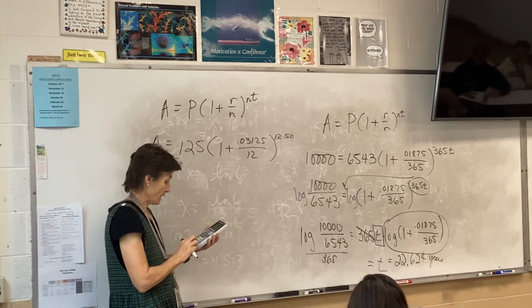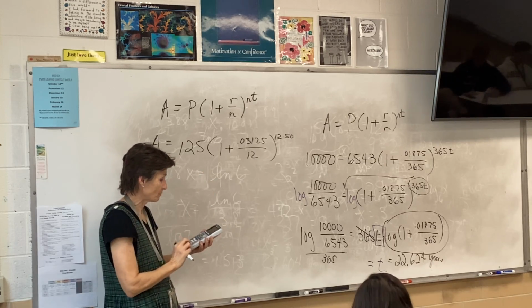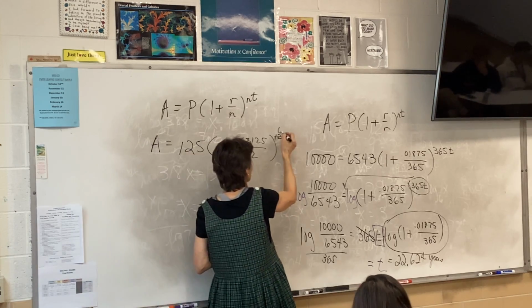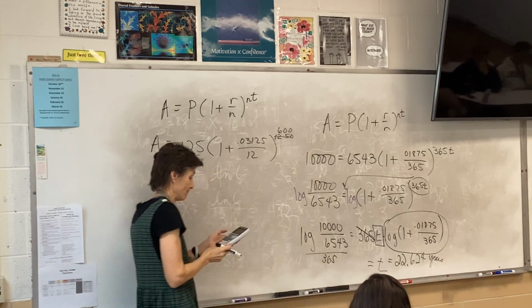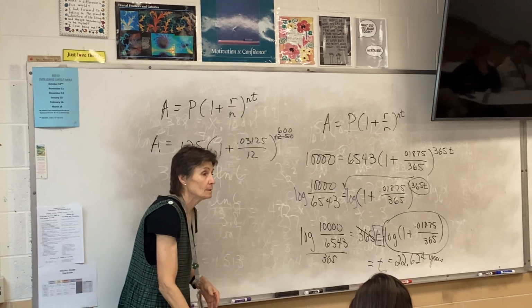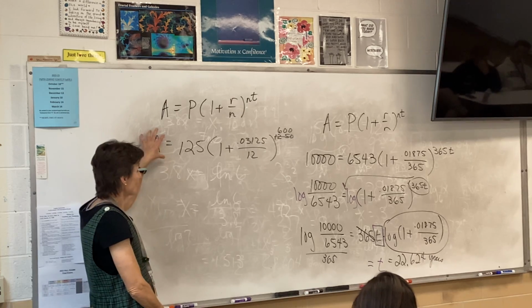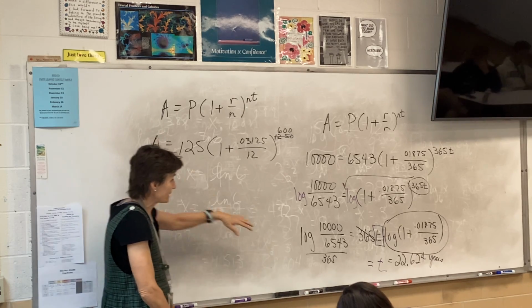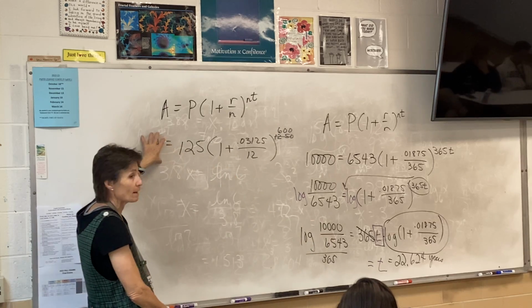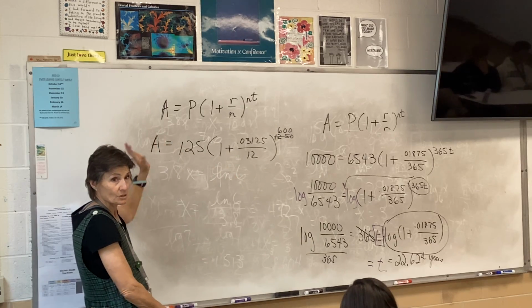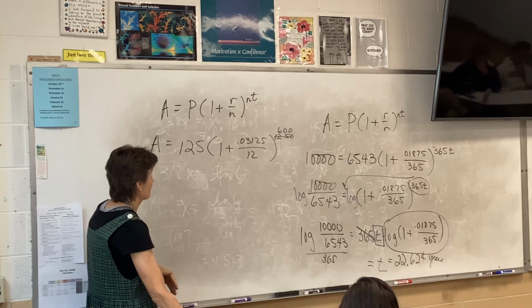I've got my whole exponent, so 12 times 50 is 600. I'm gonna go ahead and do that. Here's what I'm solving for. This is like getting t by itself, only I don't need to get it by itself, it already is. So just plug it in.